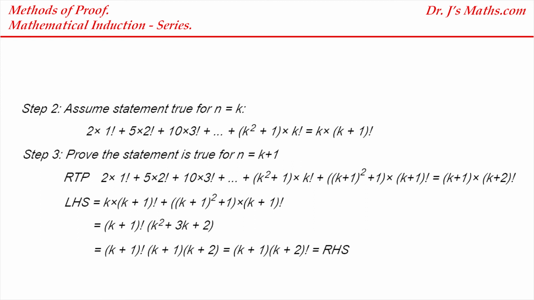Factorise that, got a (k plus 1) factorial out the front, then a (k plus 1)(k plus 2). The k plus 2 merges in with the (k plus 1) factorial to give us a (k plus 2) factorial. So that's the term we've got, and that's of course equal to the right-hand side.